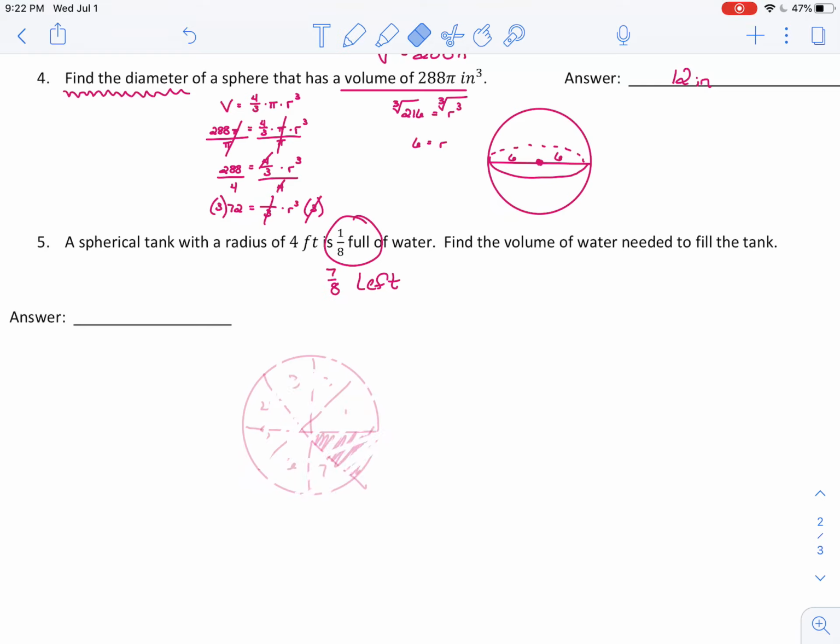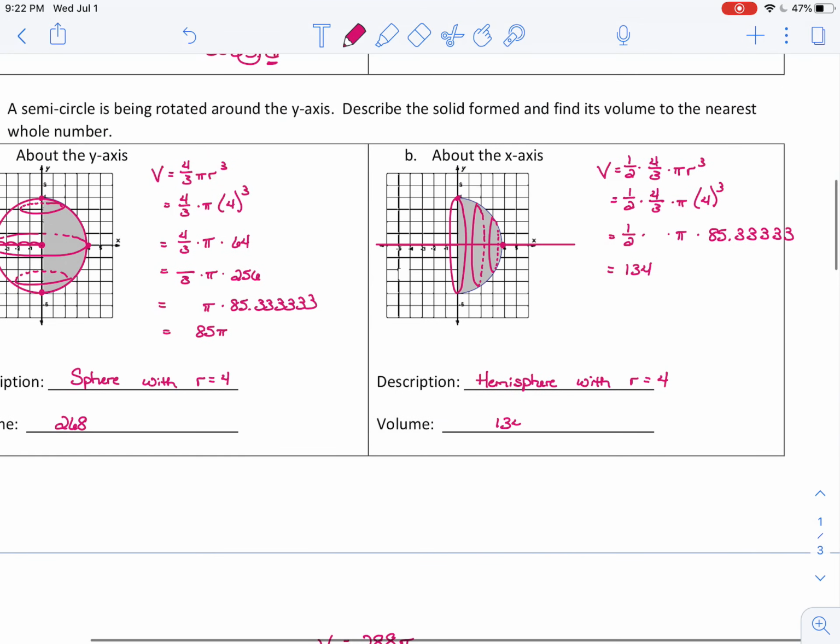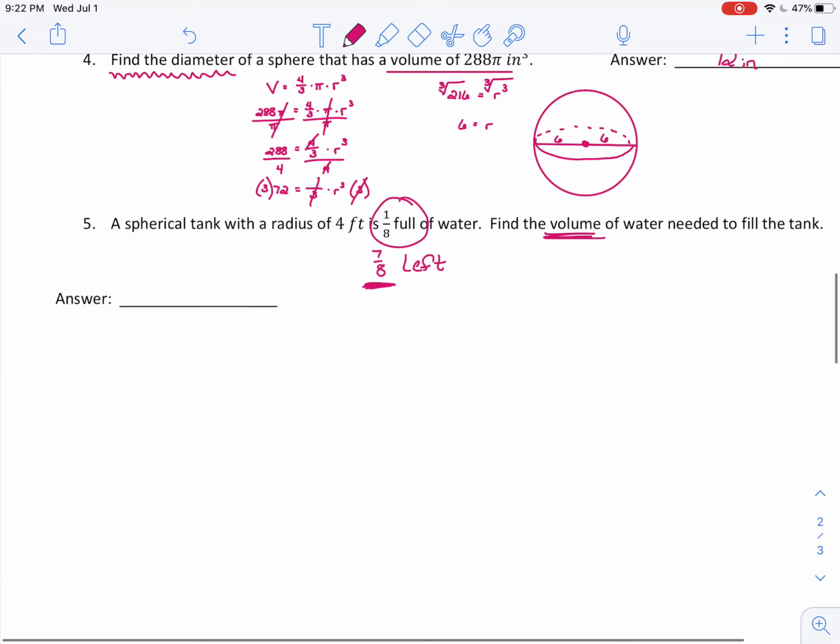So really this question wants to know, find the volume needed to fill the tank. Find the volume of 7/8 of the tank, which seems kind of weird, but keep in mind we already did one with this weird fraction. We're just going to not find half of the tank, we're going to find 7/8 of the tank.